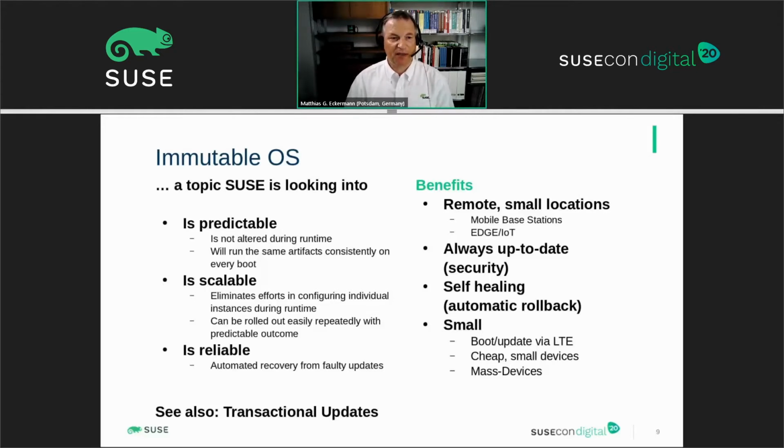An Immutable OS also is scalable. We are not talking about handling single OS instances in this case, but we are talking about configuring masses of instances. And this also means that such an OS needs to be easy to roll out, repeatedly, and that the outcome needs to be predictable.